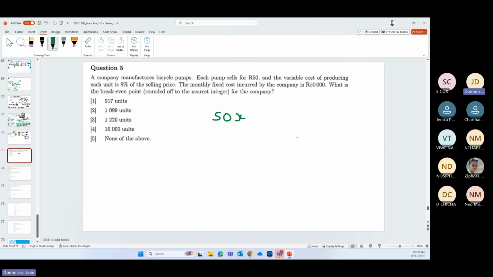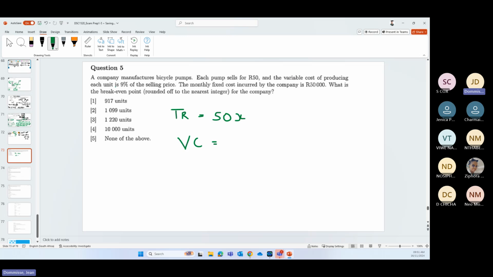Cool. A company manufactures bicycle pumps. Each pump sells for 50 Rand. And the variable cost of producing each unit is 9% of the selling price. Okay, so this is your total revenue, which is 50 times X. Variable cost, and just see if I am doing this right.